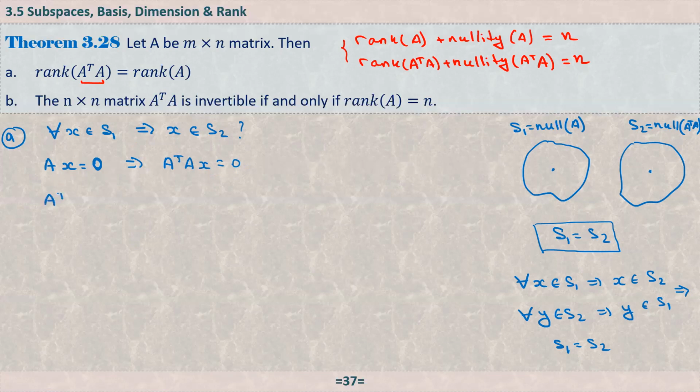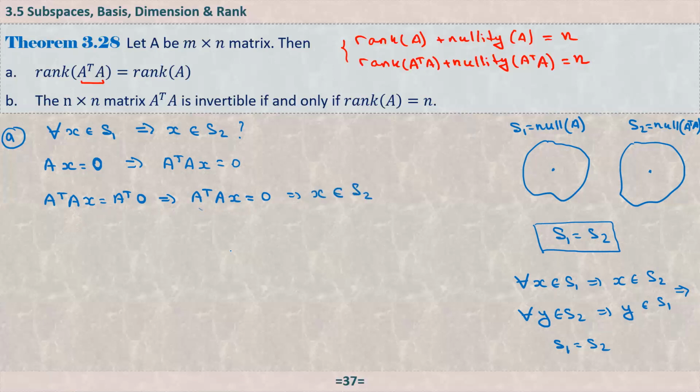Here we have A transpose A X, and here we have A transpose times the zero vector, and that is just the zero vector. So A transpose A X is equal to 0. That means this X is also a solution of this homogeneous system, so X belongs to S2. That is the first step.